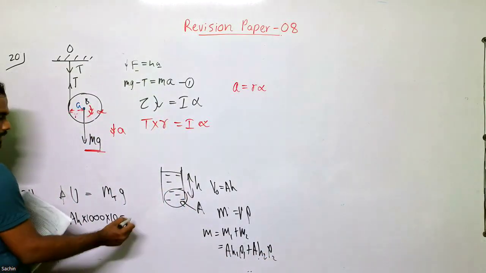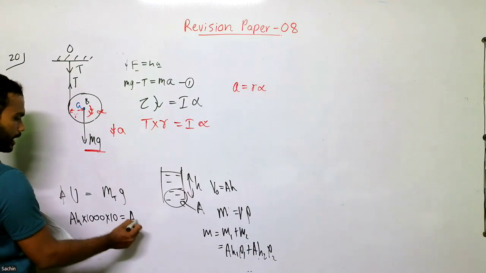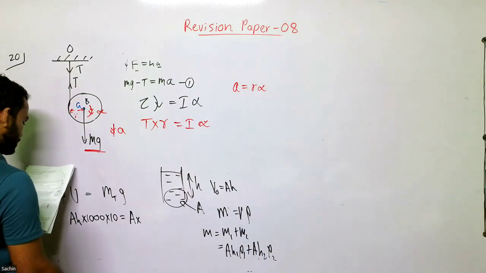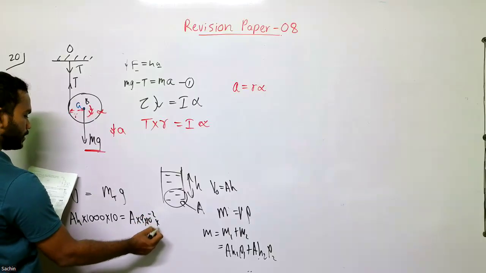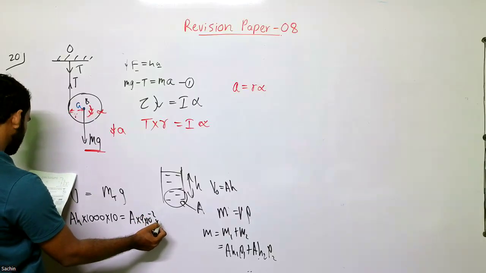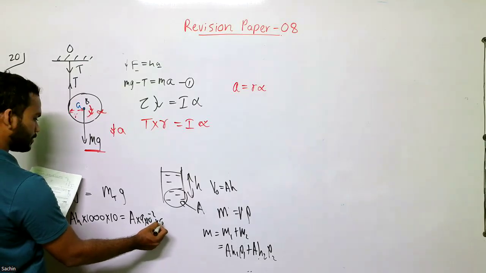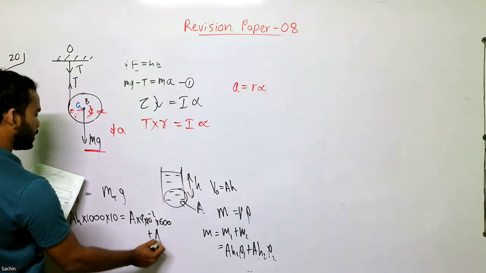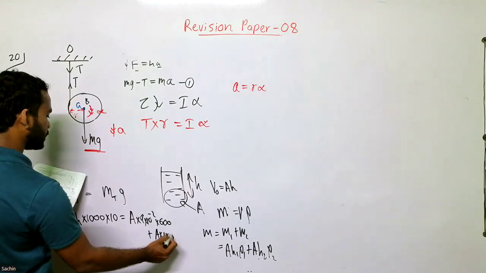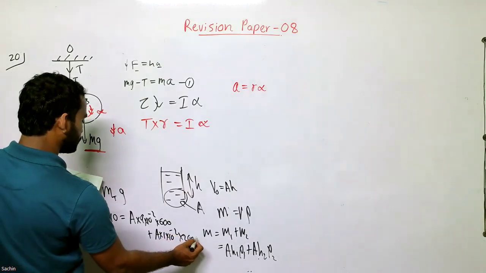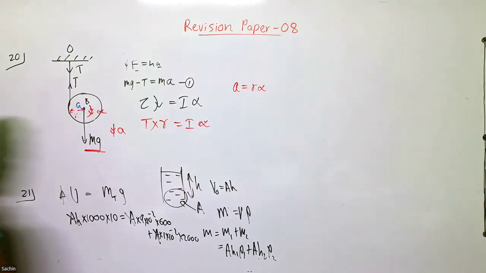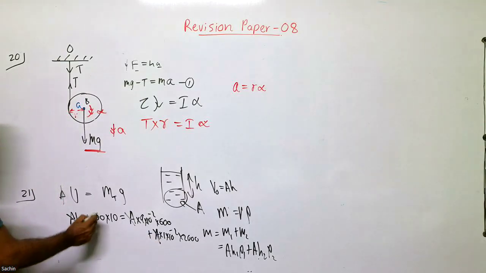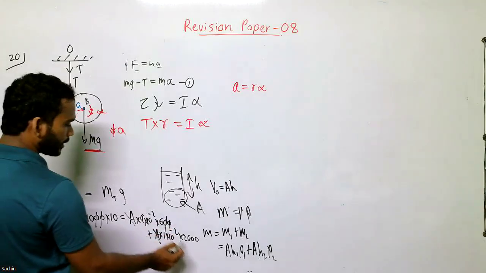So I'm substituting the values. A into height 1, which is 9 into 10 to the power minus 2, into A's density, 600, plus A into 1 into 10 to the power minus 2 into 200. A gets cancelled. Zeros I can cancel again.